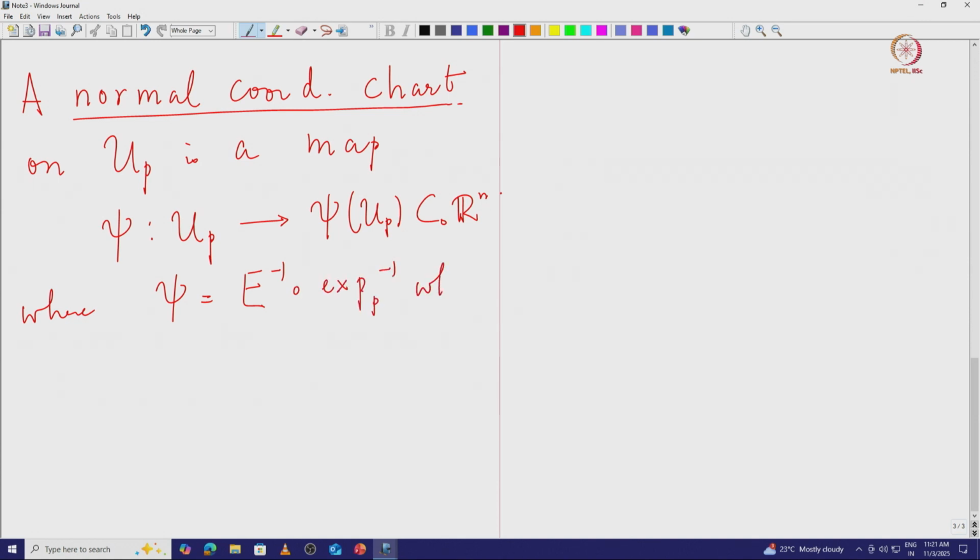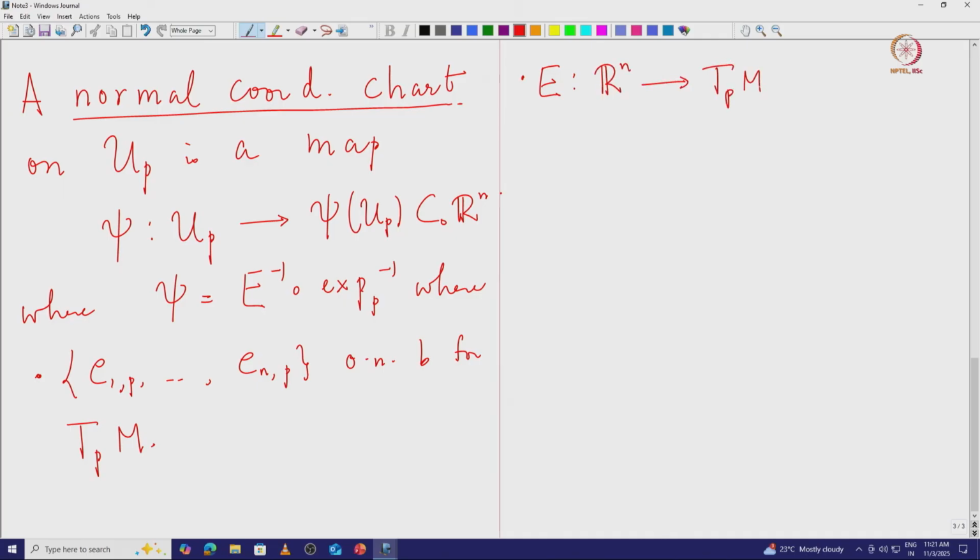okay, where what is this map E? E is defined in the following way: I take an orthonormal basis for the tangent space to M at P, and capital E is basically the isometry from R n to the tangent space.